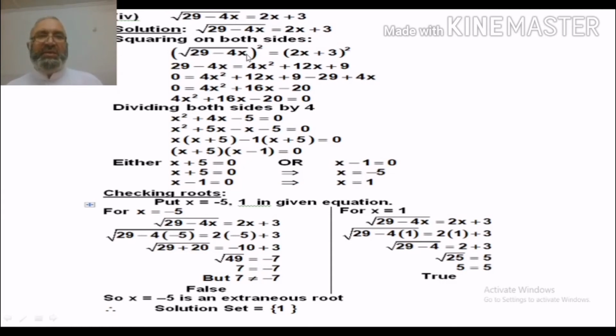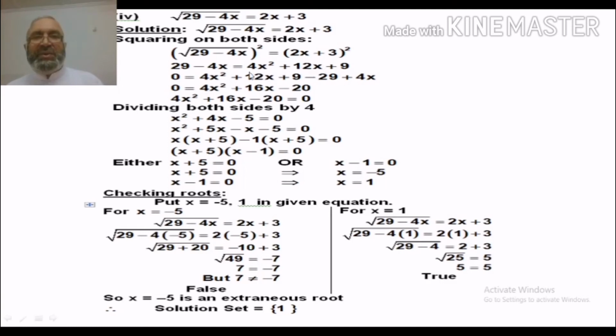29 minus 4x under root square is equal to 2x plus 3 square. So again, simplifying, square root cancels, we get 29 minus 4x is equal to, on the right, expanding this square by the a plus b square formula. That becomes a square plus b square plus 2ab, or we get 4x square plus 12x plus 9.